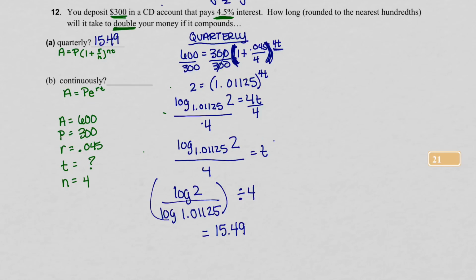But that's not all I want to do. I also want to see what it would be if it was continuous. So I know that my A is still 600, my P is still 300, but I have e to the rt power. I'm going to start the same way I started the last one.